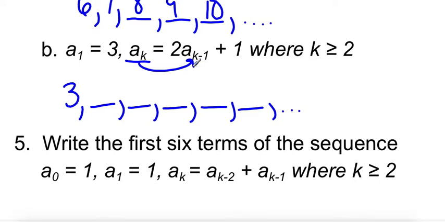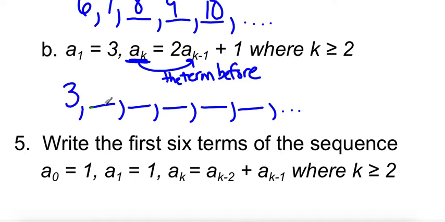AK minus 1 is the term before. Now, notice this one's written a little bit differently than the last one. The last one was AK plus 1 and AK. We can do the same thing with AK and AK minus 1. So what this rule is saying is if you want to find any term in the sequence, you take 2 times the term before it and add 1.